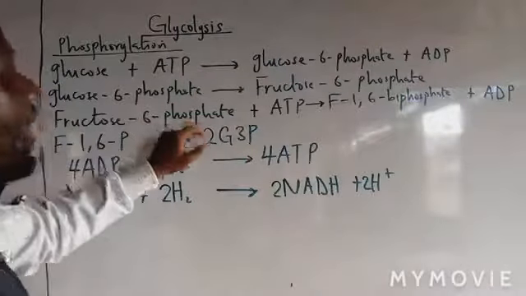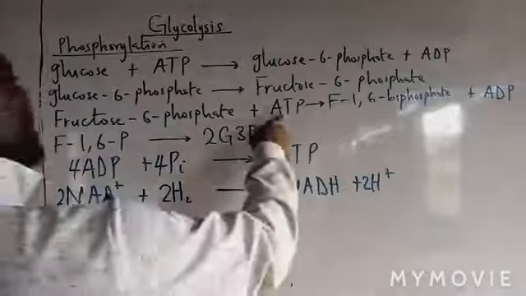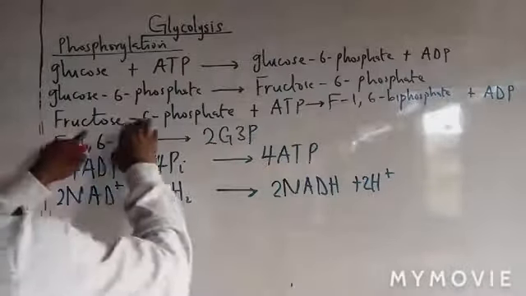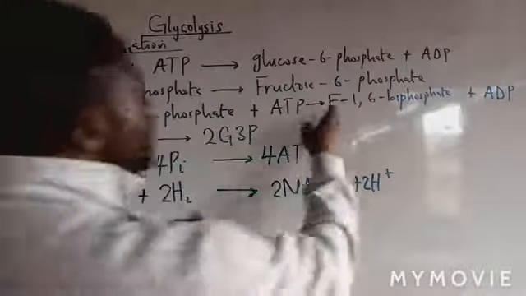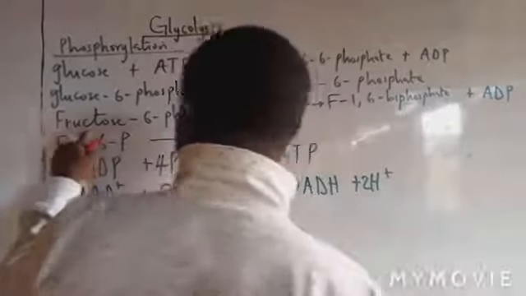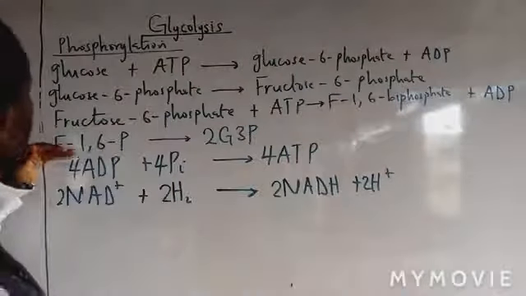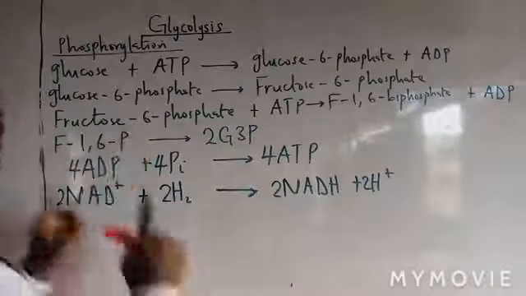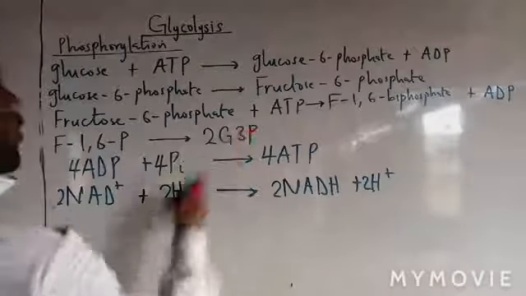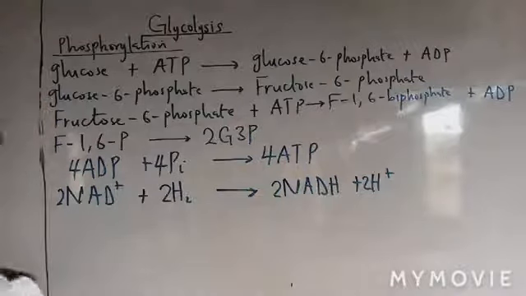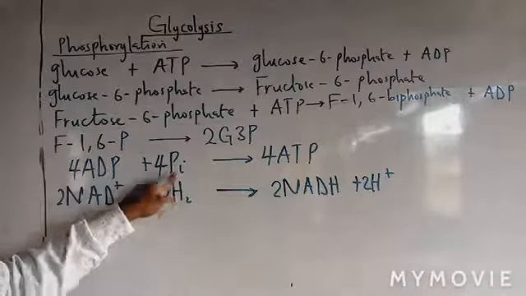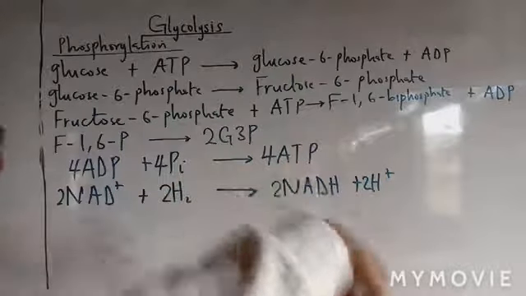Fructose 6-phosphate is less stable compared to glucose. It then takes up ATP again in another type of phosphorylation to give fructose 1,6-biphosphate plus ADP. Fructose 1,6-biphosphate will break into 2, and that is lysis to give us 2G3P. Then ADP takes up inorganic phosphate from another compound.